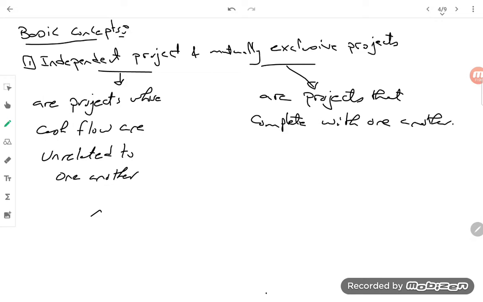So if you are going to take a decision concerning one of them, this will affect others. If you are going to reject or accept one of them, this will affect others. Okay? So this is the difference between independent and mutually exclusive projects.